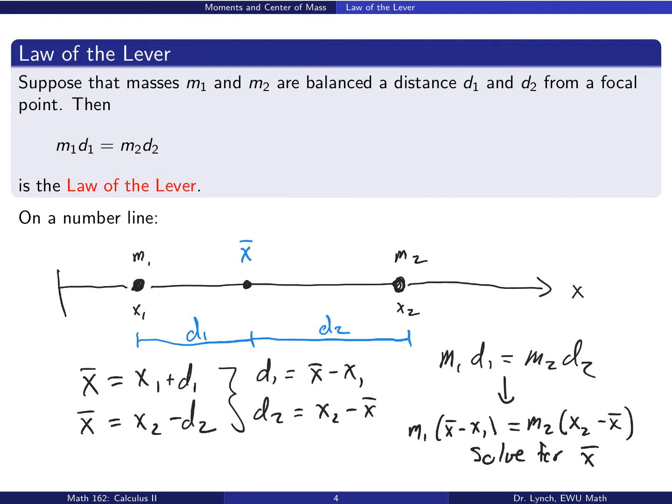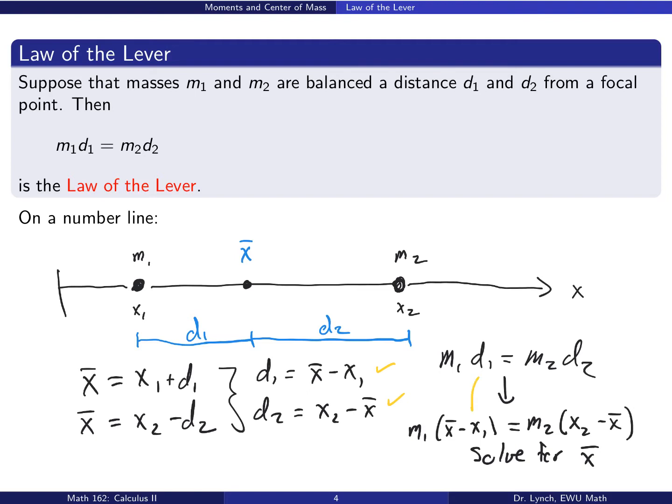We know that the location x bar is d1 past x1, and we know that the location x bar is d2 from x2. That allows us to express d1 and d2 in terms of x1, x2, and x bar. Now, the law of the lever, m1 d1 equals m2 d2.